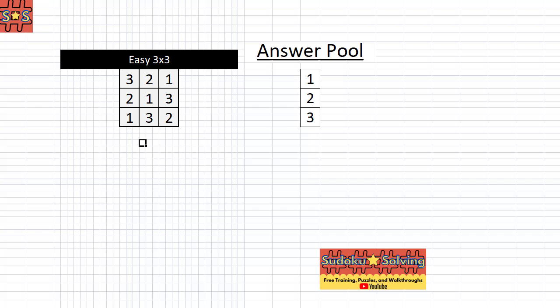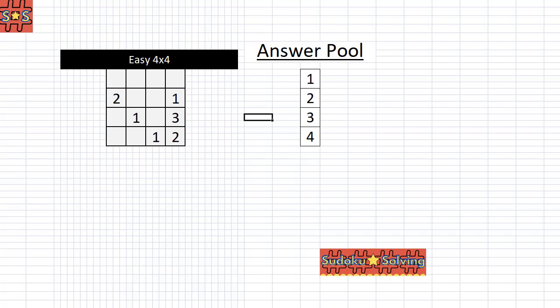All right, last example. A 4 by 4. We've got an answer pool ranging from 1 through 4. We have some givens. If we look at the fourth column, we have only 1 unknown, so that'll be easy to solve. 1, 2, 3. So that leaves 4.